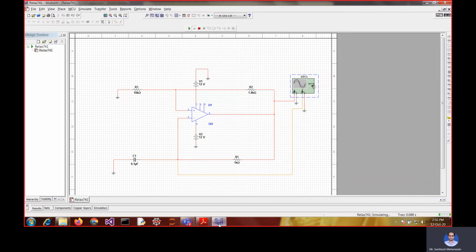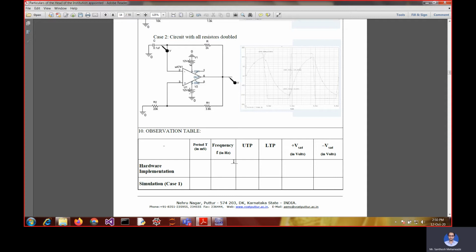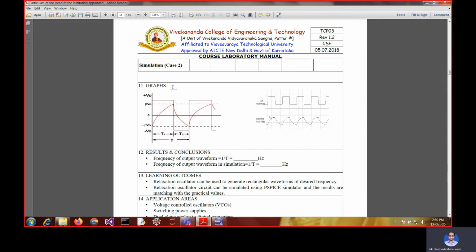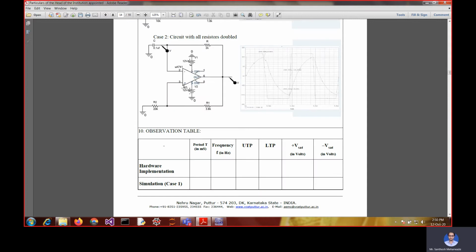Fine, so next is case 2. In simulation case 2, we have to make this design for 1 kilohertz. Up to now we have done it for 2 kilohertz, now we go for 1 kilohertz. For this we just have to double the resistor values.